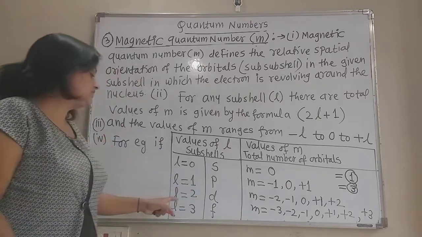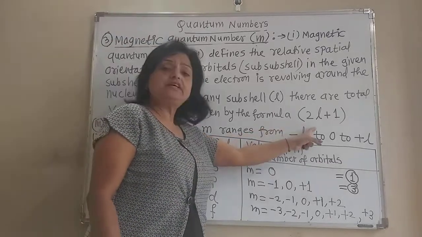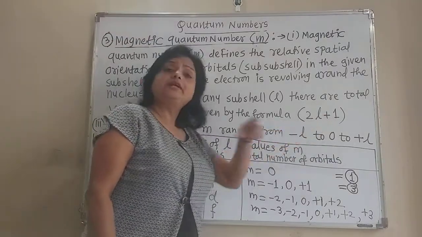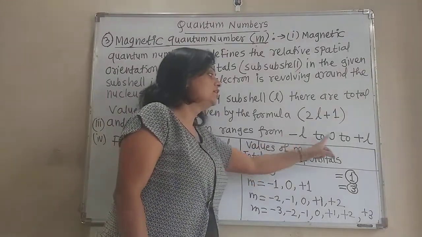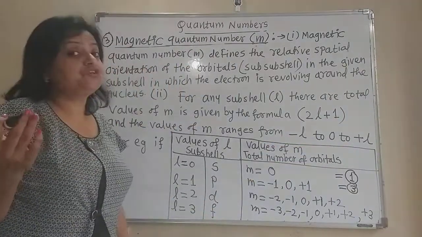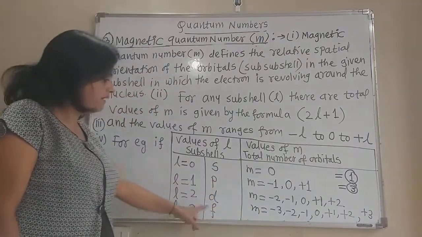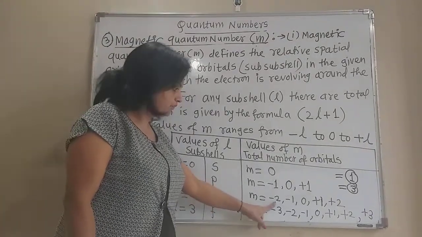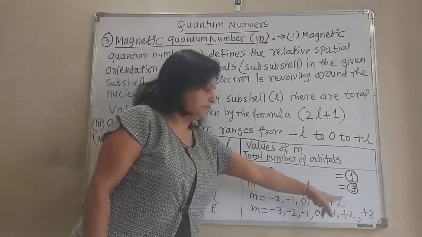If L is equal to 2, then there must be 5 orbitals: 2 into 2, 4, plus 1, that means 5 orbitals. Their values range from minus L, 0 to plus L, but L is equal to 2. So the values of M are minus 2, minus 1, 0, plus 1 and plus 2.